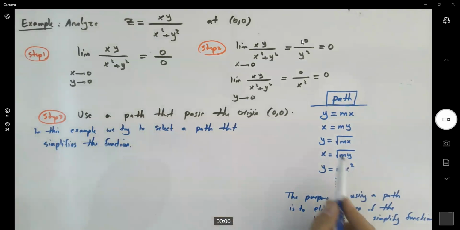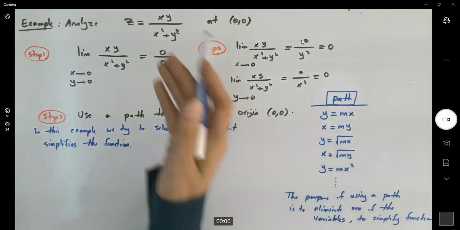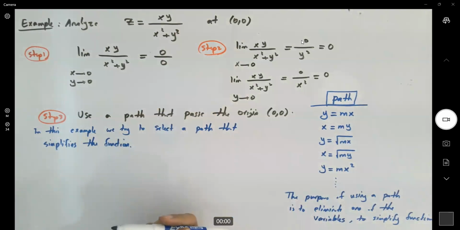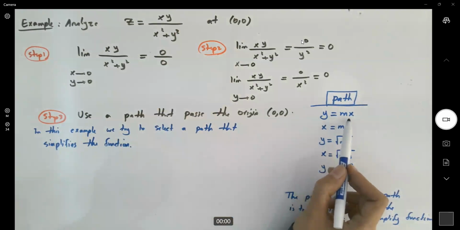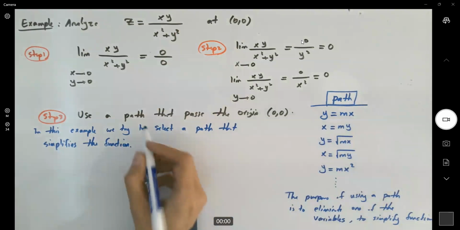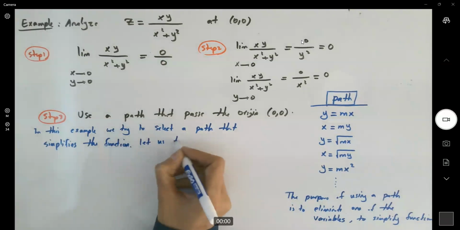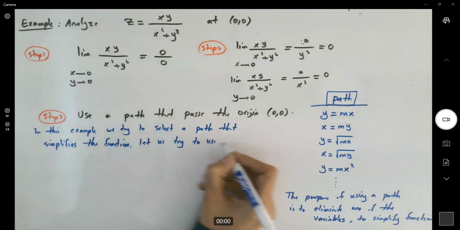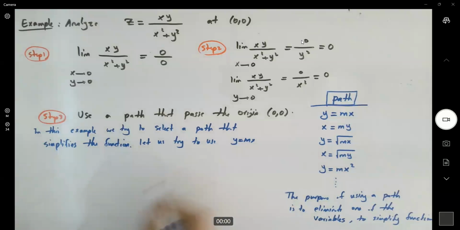So for example, if I use a square root, it doesn't simplify my function. Let me try using y equals mx.